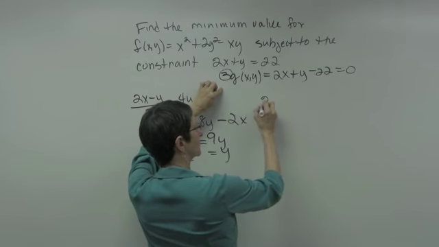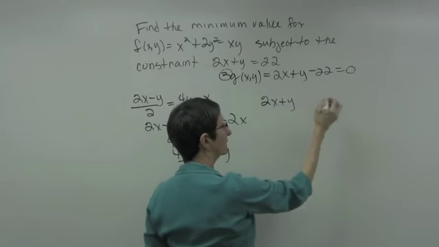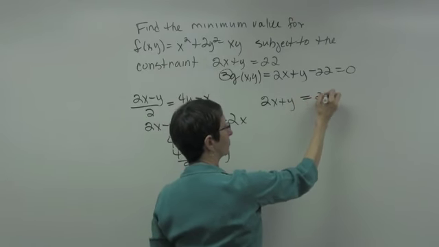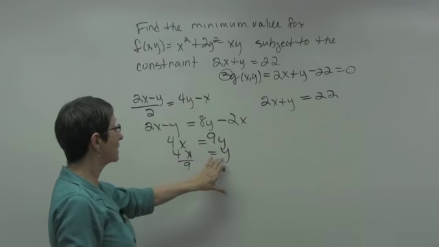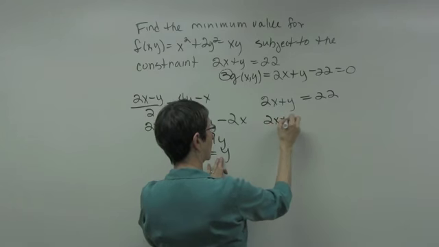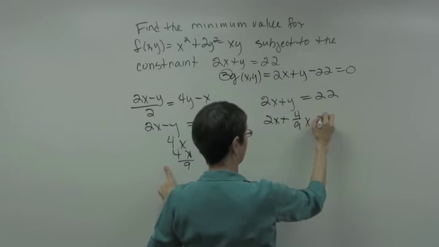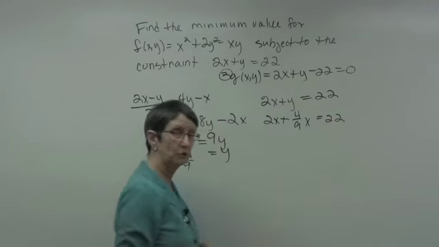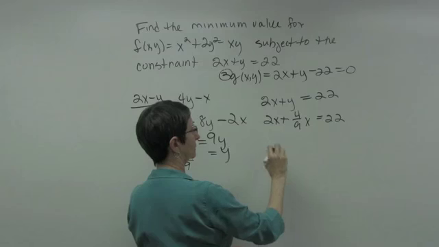My third equation is the constraint, 2x plus y, and you can either say minus 22 equals 0, or you can say equals 22. You can use it any way you need to. And I know that y is in terms of x. So I have 2x plus my y is, I'll say 4/9 x, and then equals 22. I tend to do fractions. I like common denominators.